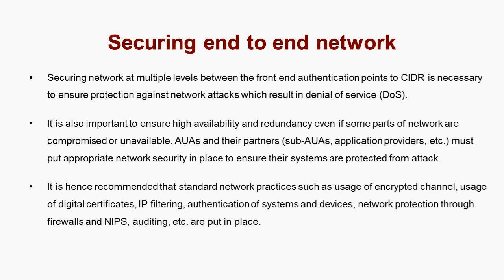AUAs and their partners, sub-AUAs, application providers, etc., must put appropriate network security in place to ensure their systems are protected from attack. It is hence recommended that standard network practices such as usage of encrypted channels, digital certificates, IP filtering, authentication of systems and devices, network protection through firewalls, and NIPS, auditing, etc., are put in place.